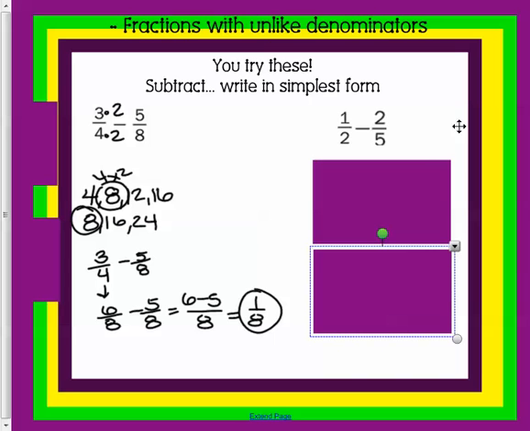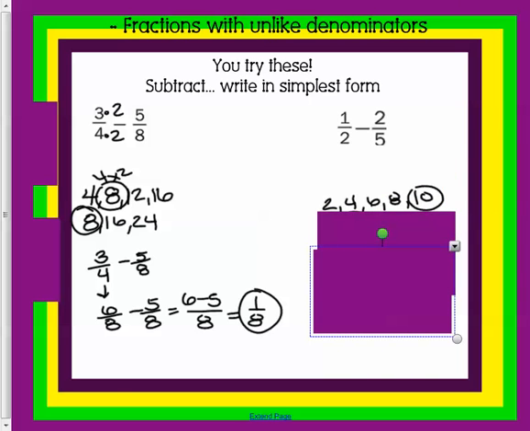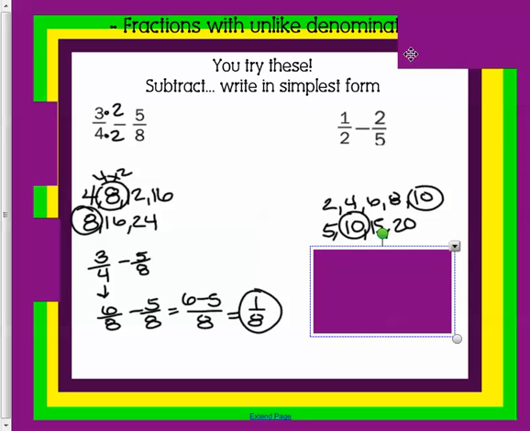Over here, the multiples of 2 were 2, 4, 6, 8, 10. The multiples of 5 were 5, 10, 15, 20. So they share a 10 in common. So I'm going to be multiplying 1/2 by 5 over 5.